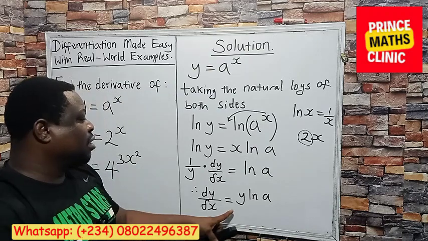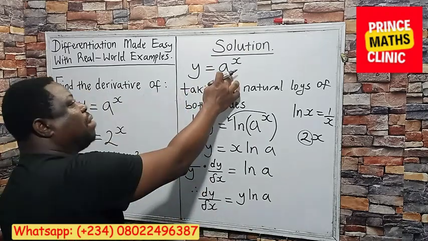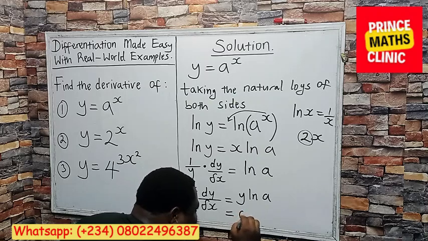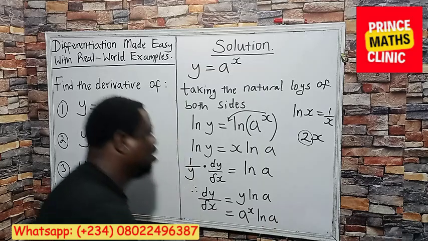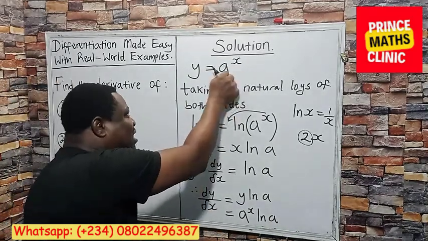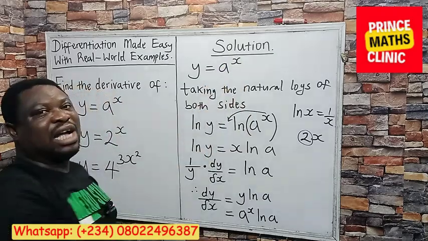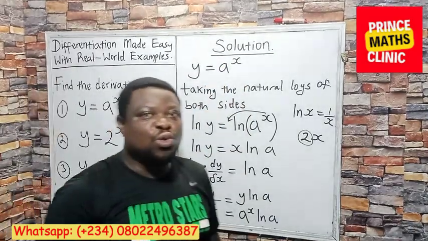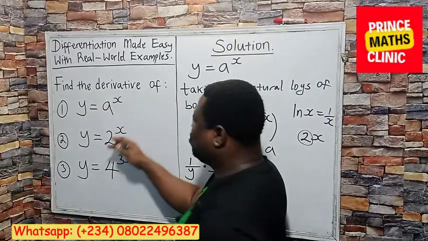So what is y? Remember, y is a to the power of x. So this is a to the power of x ln a. So that is the result. When you see this, just write this the way it is, then you put ln of the constant. That is it. I'm going to write this formula somewhere because we'll be using it to attempt 2 and 3.